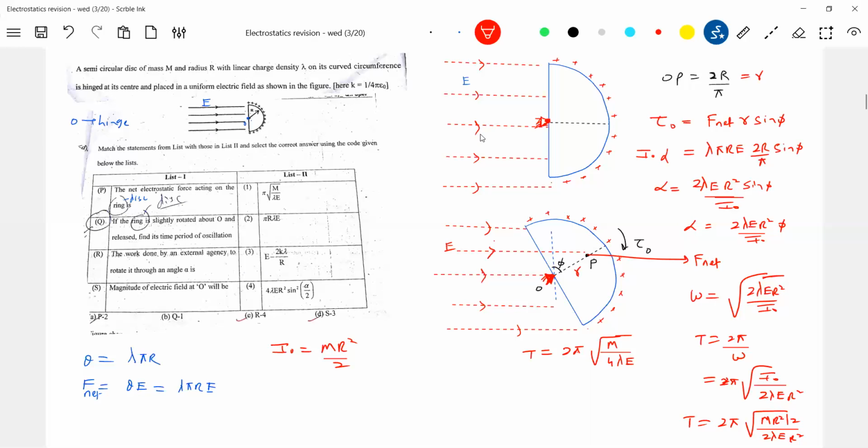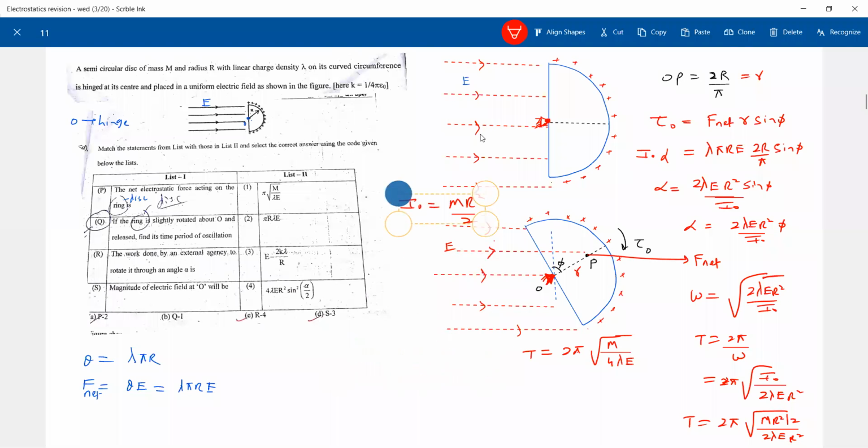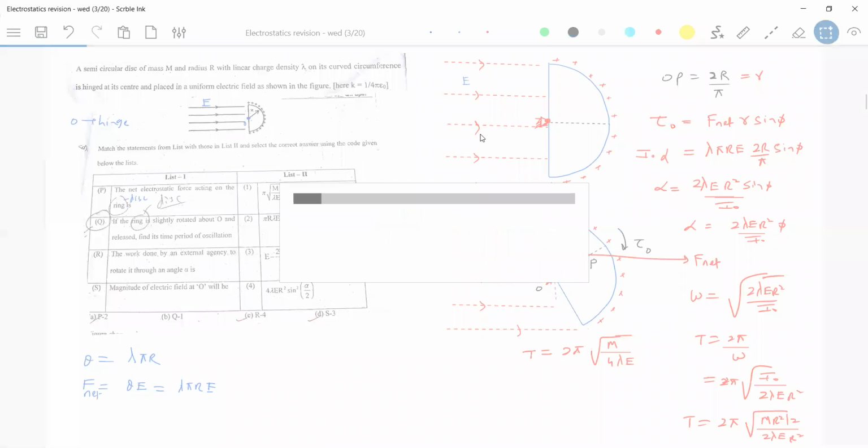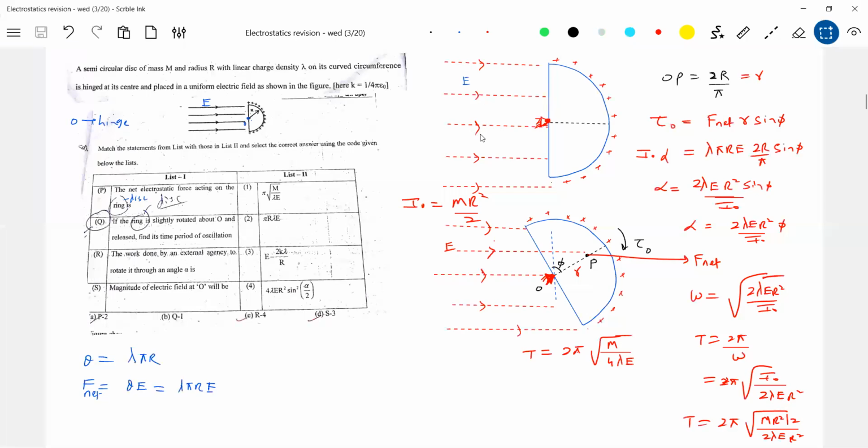The work done by X-ray agent to rotate it through an angle alpha. I think we have a torque here, no? There's a torque. So work done by X-ray agent, I'll proceed like this.